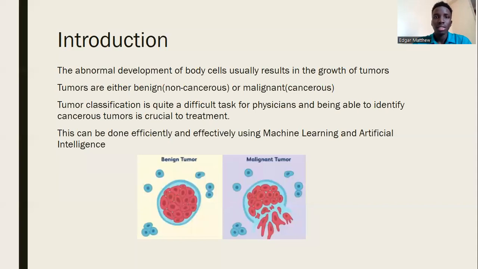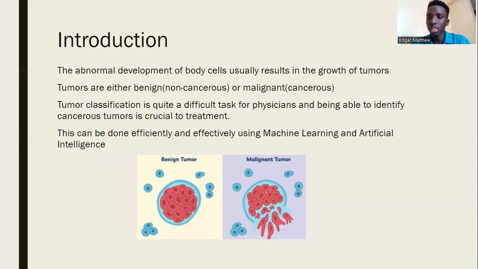So once again, when cells develop abnormally, it leads to the formation of tumors. And when these tumors are sick or cancerous, it leads to the development of cancer in a particular body part. In this case, we're focusing on breast cancer that develops mainly in women, but sometimes can also be found in men.